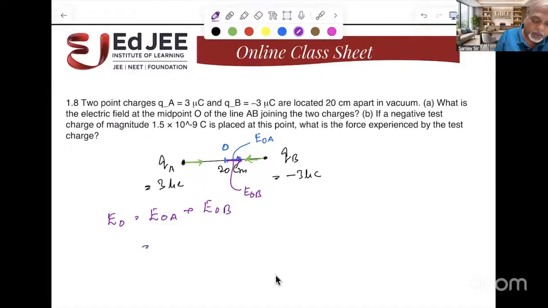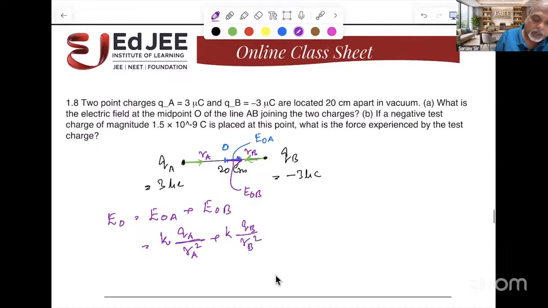So this will be KQA upon RA square plus KQB upon RB square.